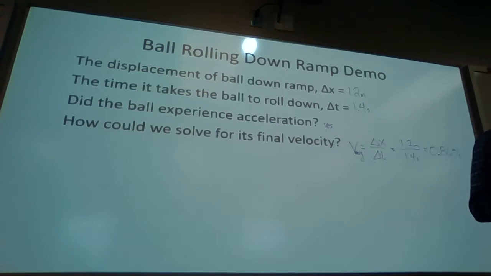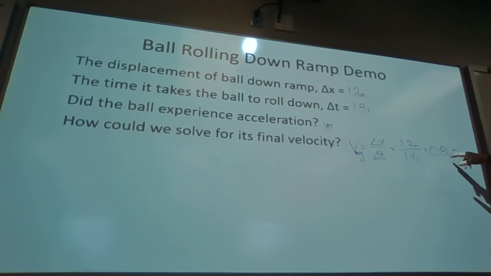Did it remain going 0.86 meters a second the entire time? No. So, do you think the actual, or what in physics terminology we call the instantaneous velocity, at the end of the ramp, do you think that would be higher or lower than this? Tell your neighbor and tell them why you think so.